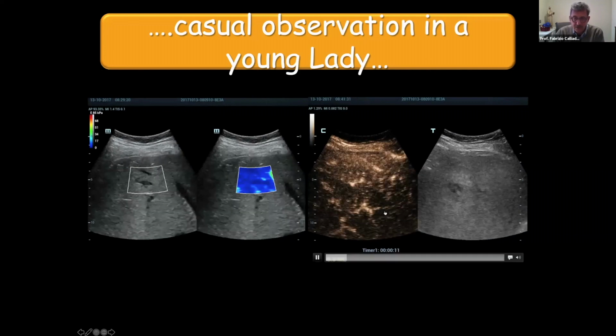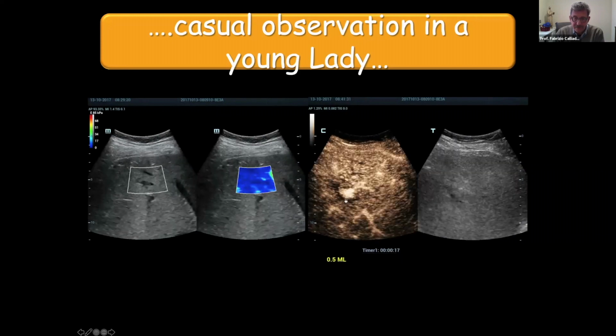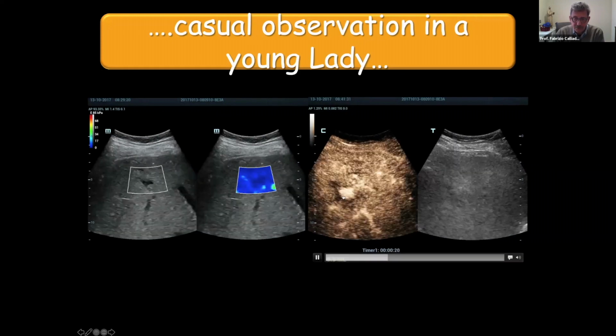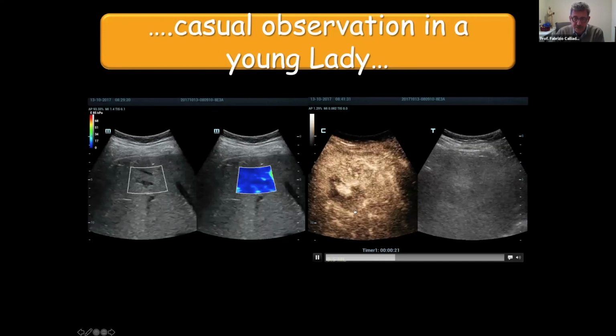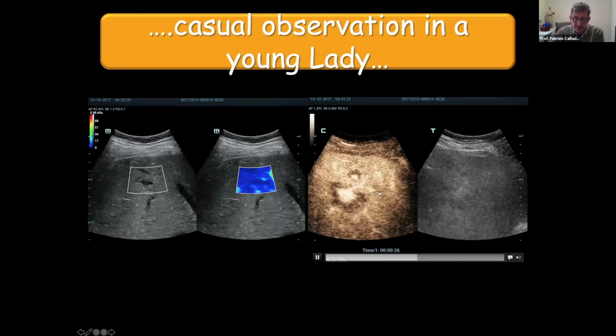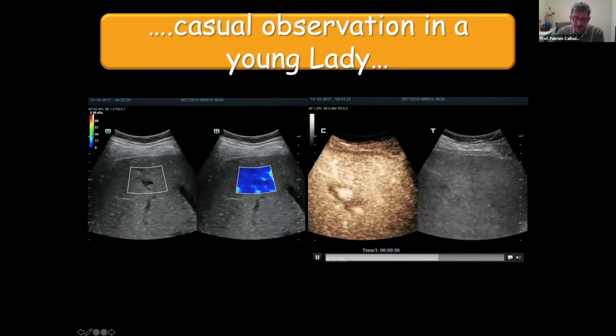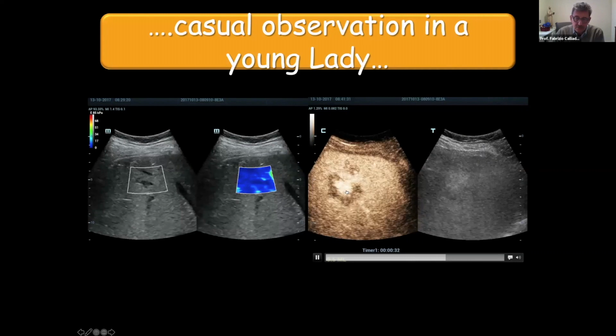And look what is happening. There is a vessel here in the central portion of the lesion. The lesion is much bigger than we understood before. And this vessel is providing contrast from the center to the periphery of the lesion.